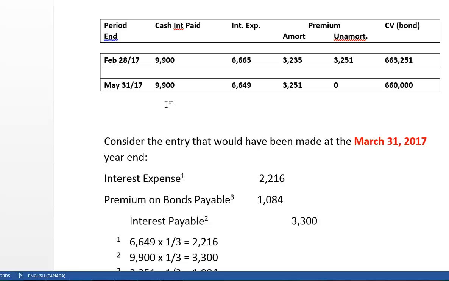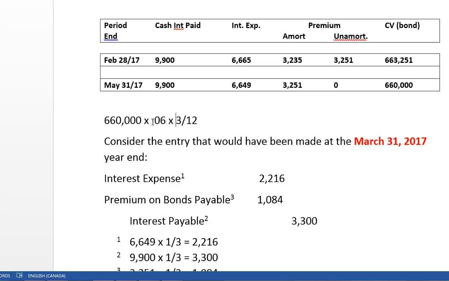That's going to be your face value times your coupon times 3/12, because that's coupon interest that's paid every 3 months or every quarter, and there's 3 months in every quarter of the year.